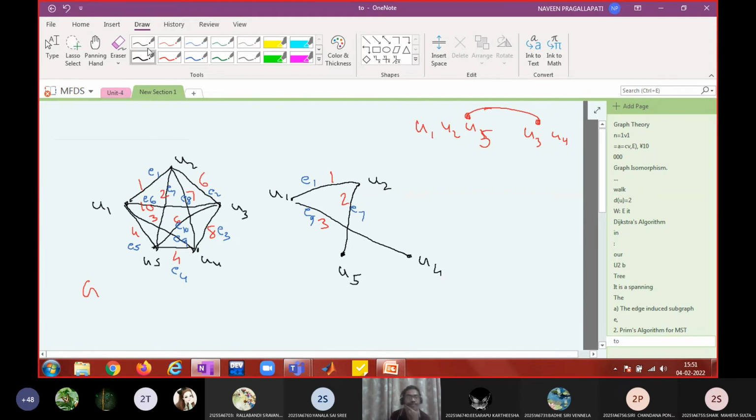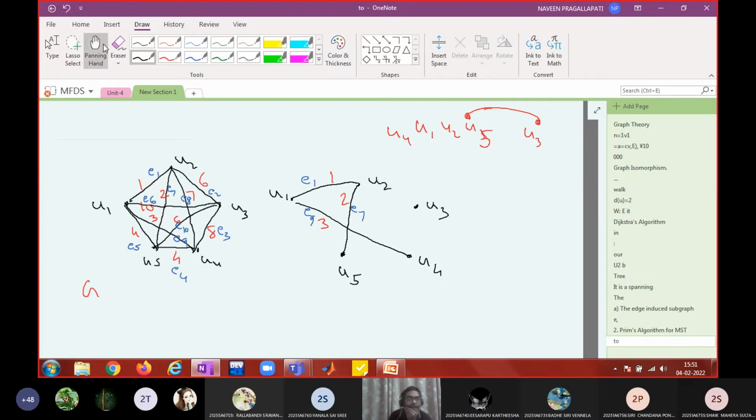U4. So U4 is also now joined. What remains? You have only U3. Now you select an edge of minimum weight such that one end is among these and the other end is U3. Which one is with minimum weight?